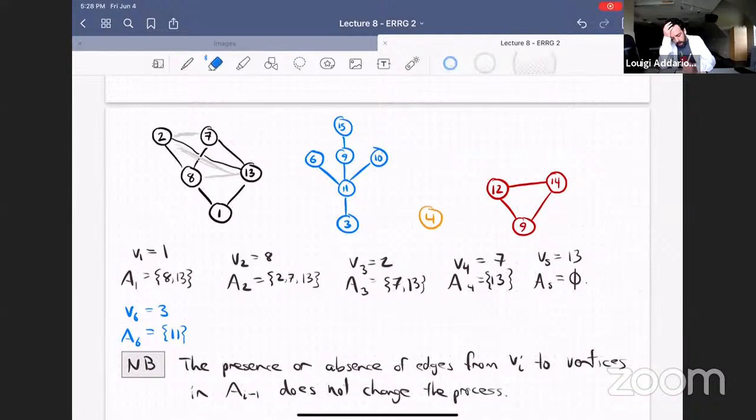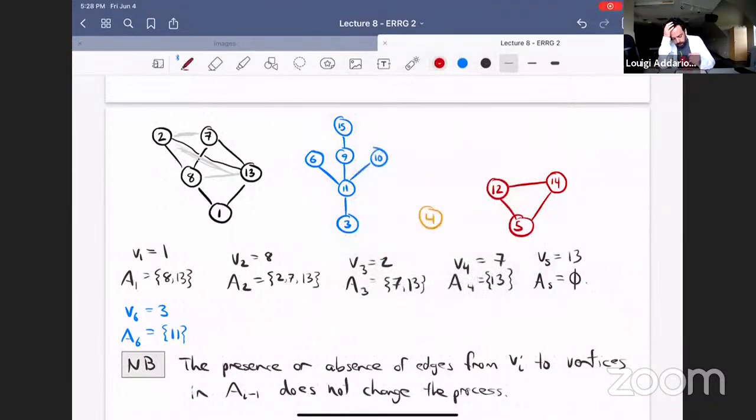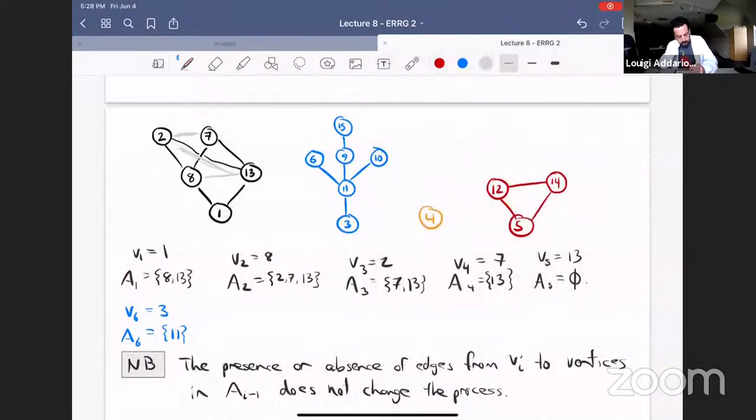Okay, and someone has pointed out that 9 should also be a 5, say. Okay. So, in the second component, for example, that means that the edges from 6 to 9 or 10 could be present or absent, and the edge from 15 to 10 could be present or absent.